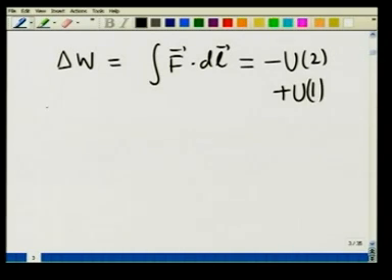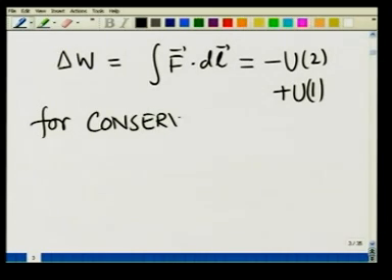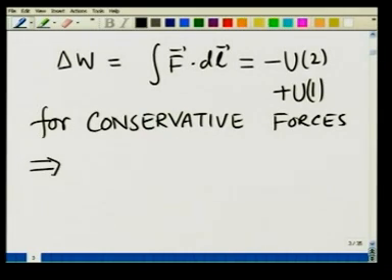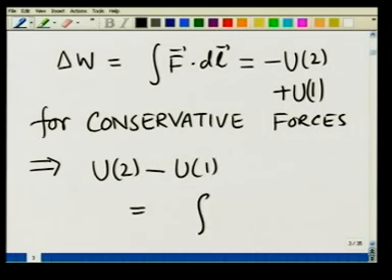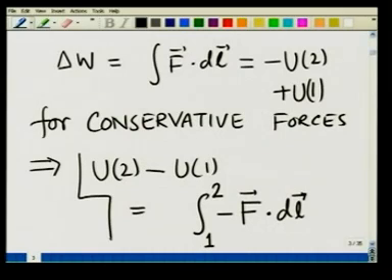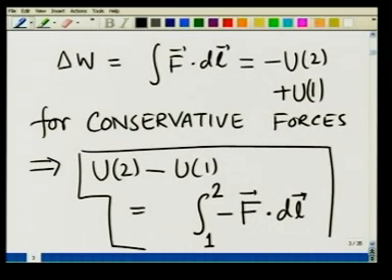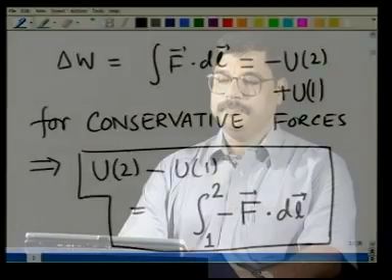Let me be very specific: for conservative forces, this implies that U2 minus U1 is equal to, going from point 1 to point 2 irrespective of the path, minus F dot dl, and this is what gives me the interpretation of the potential energy.